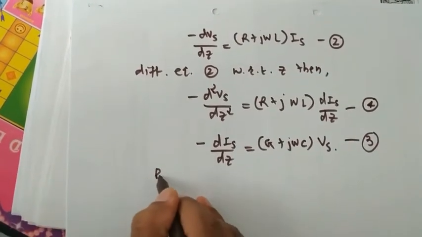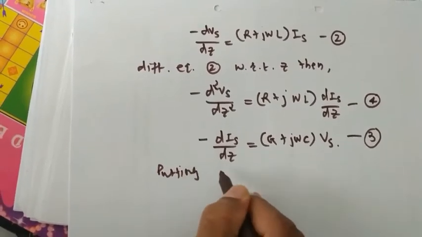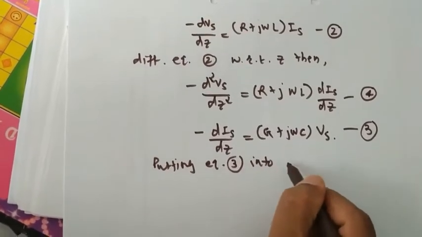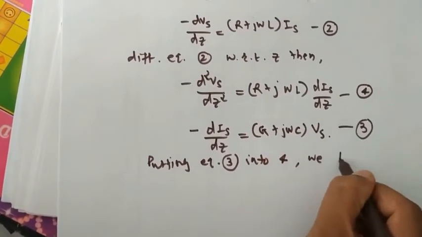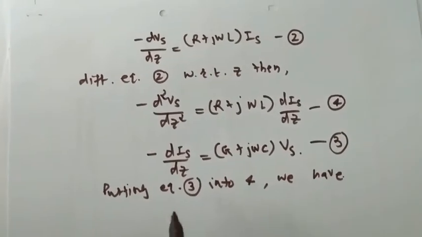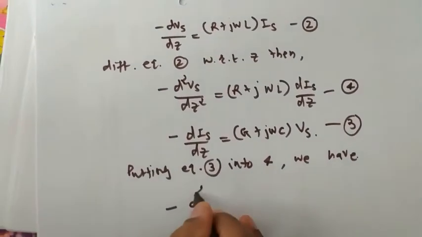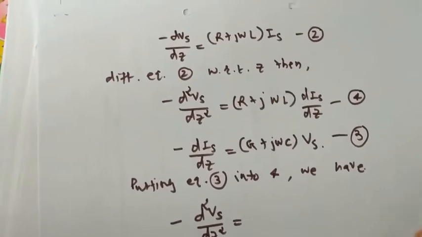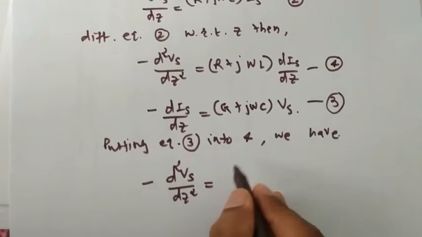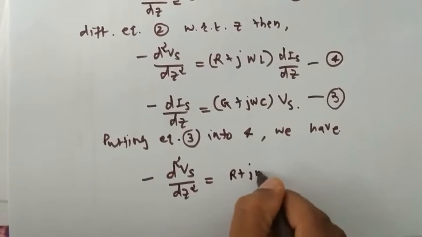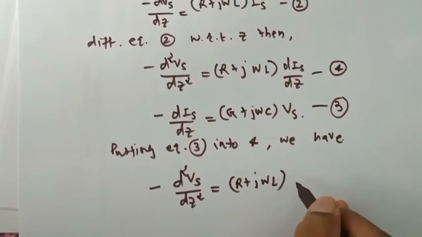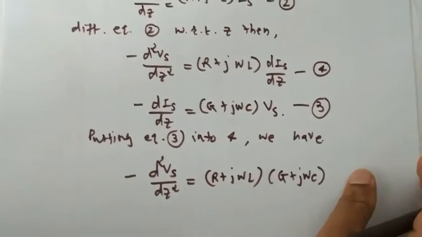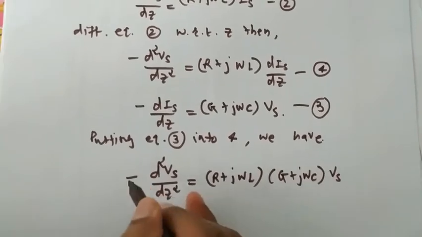By putting equation 3 into 4, we have minus d square Vs over dz square equal to (R plus j omega L) into (G plus j omega C) into Vs.